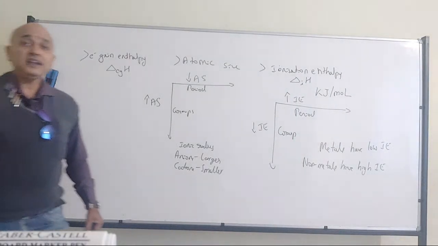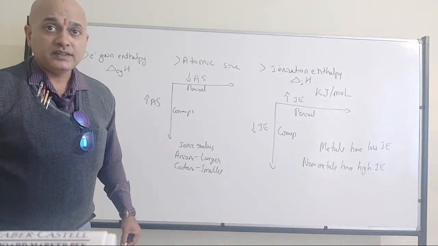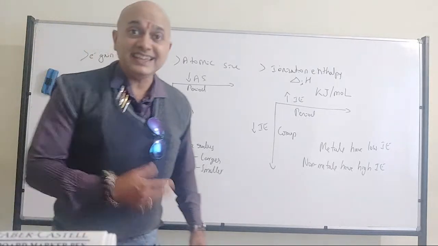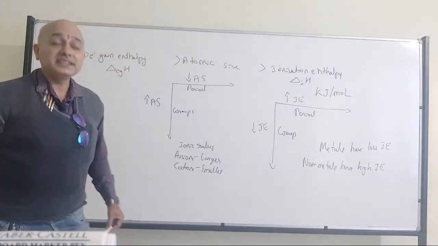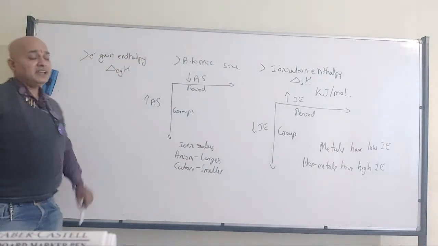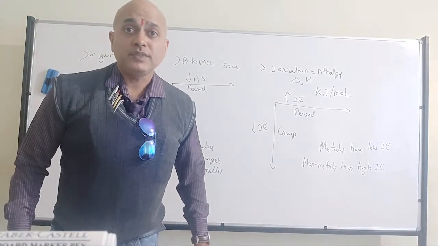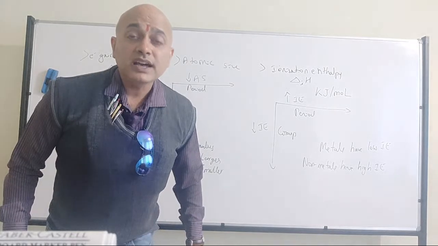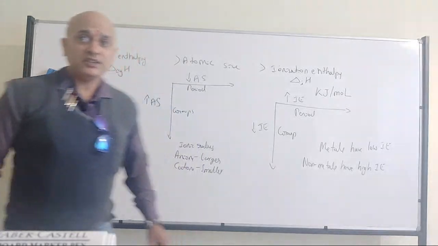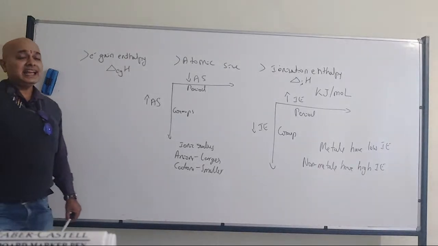We can tell that it is the amount of energy released when an electron is added to an atom, when the atom is in its gaseous state and ground state. Fine? So that's what electron gain enthalpy is.